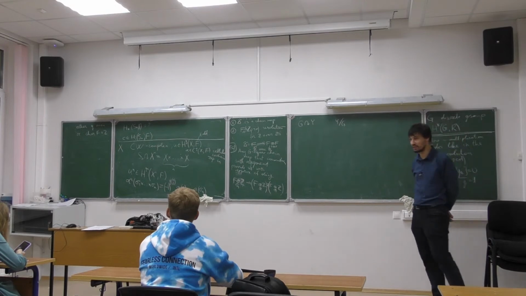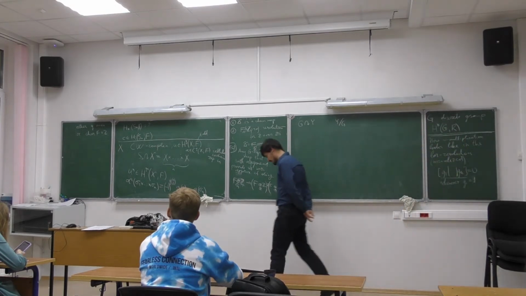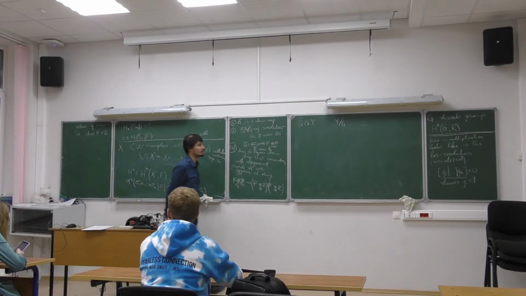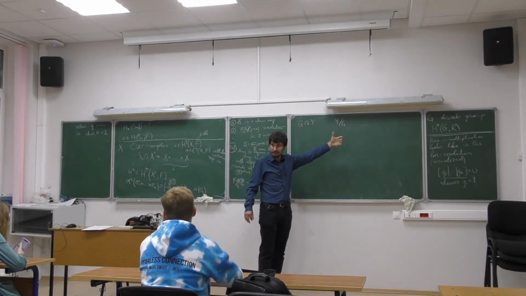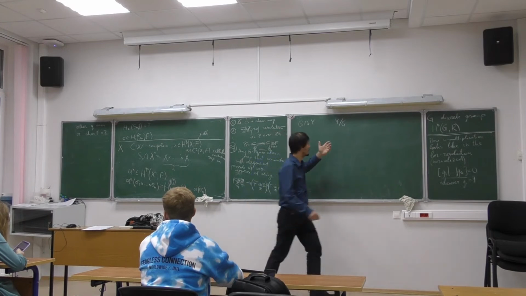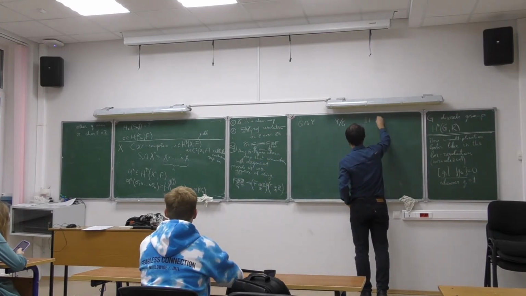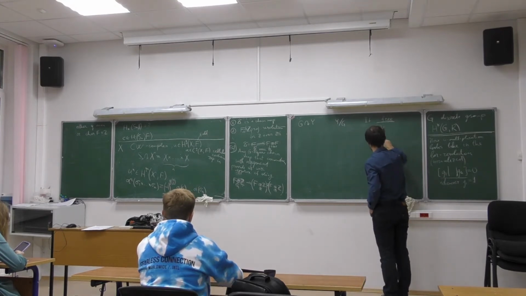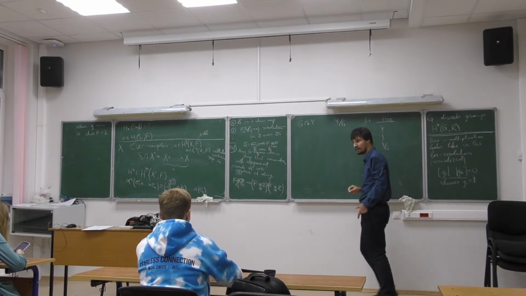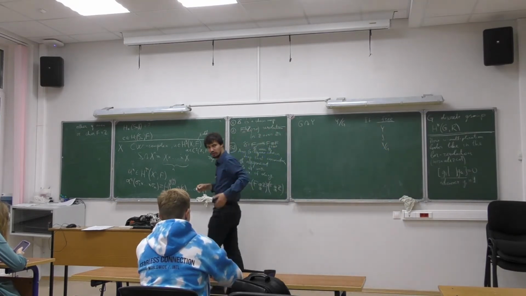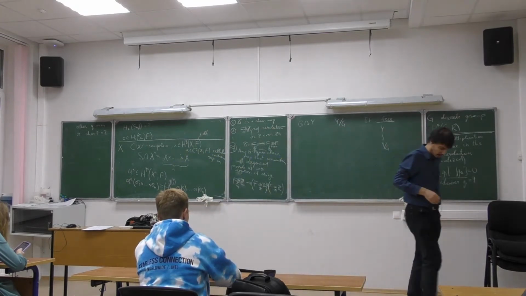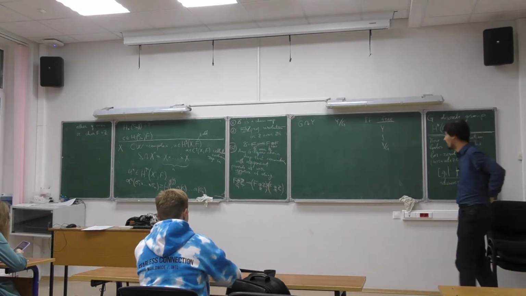When we have a free action, the quotient space knows more about Y, and for instance, if the action is free, then this is a covering, and we know a lot of topological things about coverings. But if the action is not free, there is not so good a topological relation between these two guys.